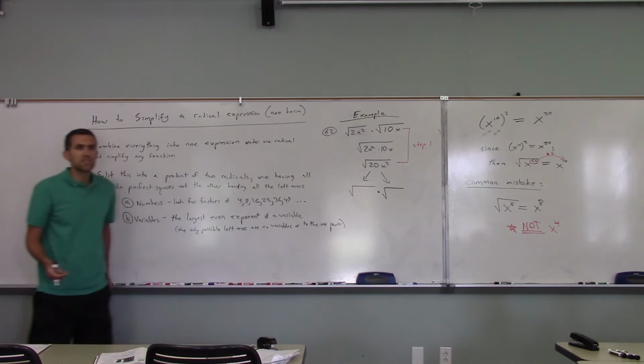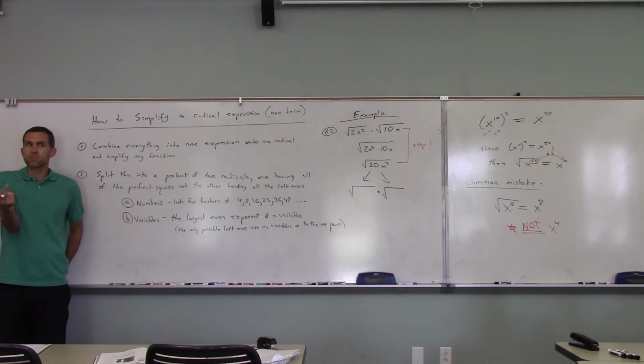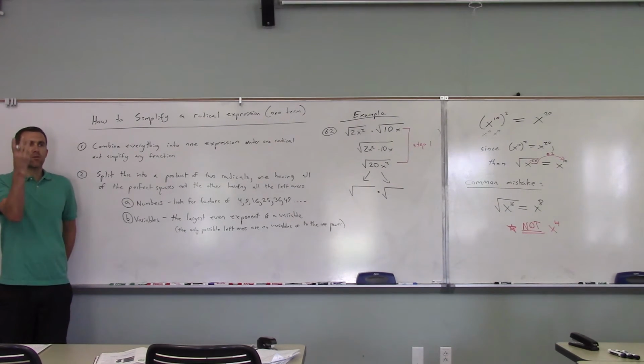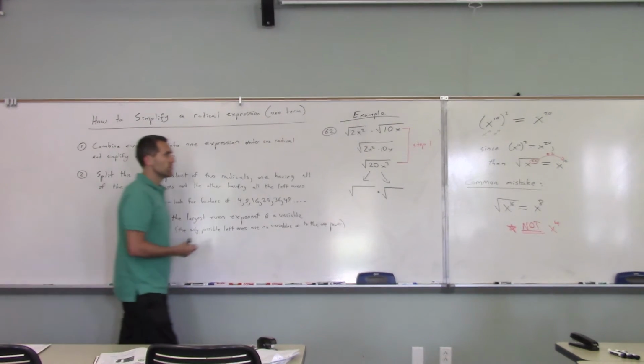Because obviously you can't be to the 2 power because that's a perfect square. You can't be to the 3rd power because there's an x squared in there. Alright? So let's separate this.